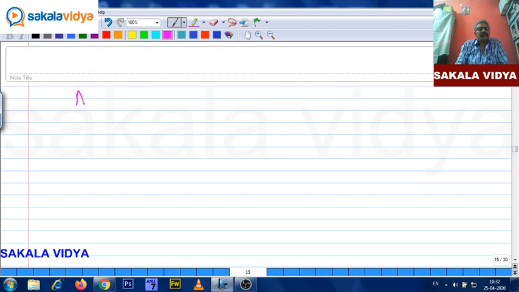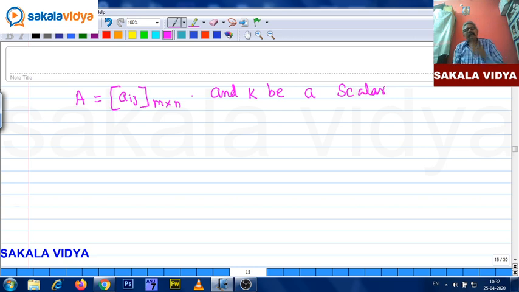So now, for example, A is equal to Aij of order m by n, and k be a scalar. Scalar means a real number; it may be a complex number also sometimes, no problem. Then what is kA?